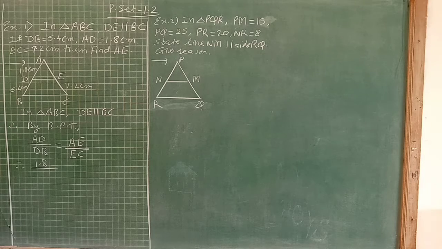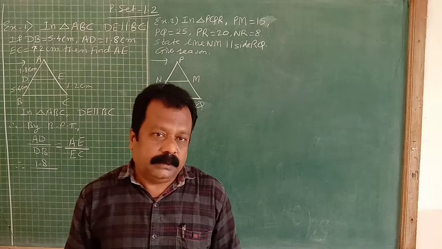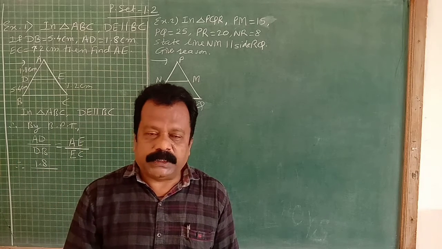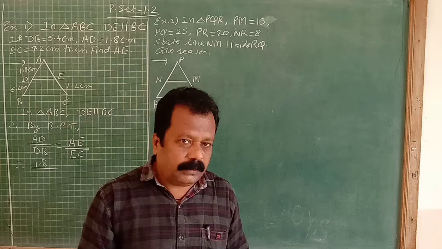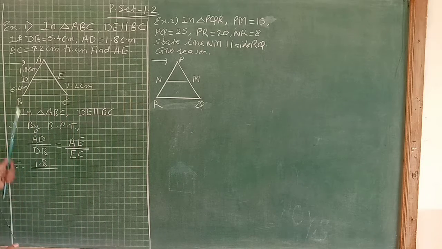Before solving any example in mathematics, see whether the units are the same or not. If the units are not the same, then convert them into the same units and then solve. So here the units are the same, so it is not necessary to convert. After writing the answer, we have to add the units. Now DB is equal to 5.4.